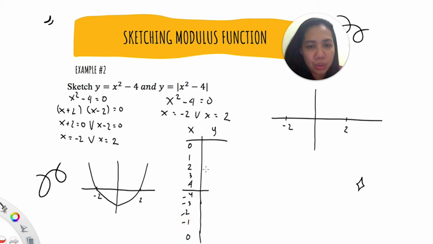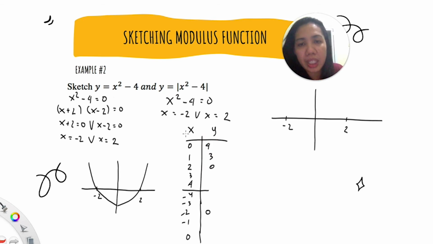For 2 we have y equals 0, and for minus 2 we also have 0, because it is what we did in the factorization. We put 1 in here: 1 squared minus 4 is minus 3, and the absolute value of minus 3 is 3. For 0, 0 minus 4 is minus 4, and the absolute value is 4.